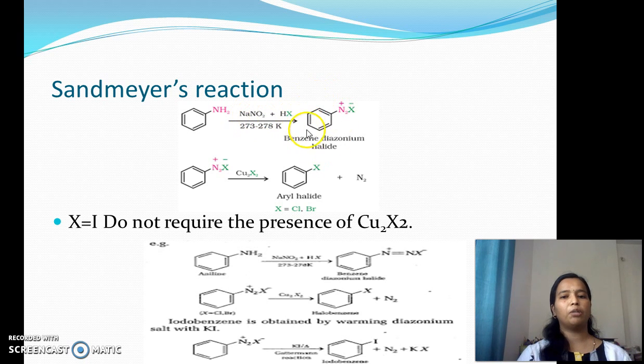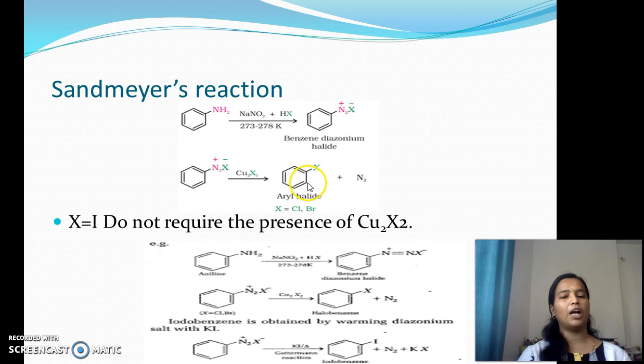You will get an intermediate called benzene diazonium salt or benzene diazonium halide. This is unstable, and if it is treated with copper halide, you will get the corresponding halogen at the position of N2+X-. That is, the N2+X- group is replaced by a halogen atom.